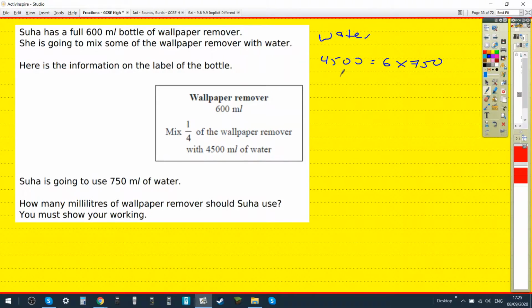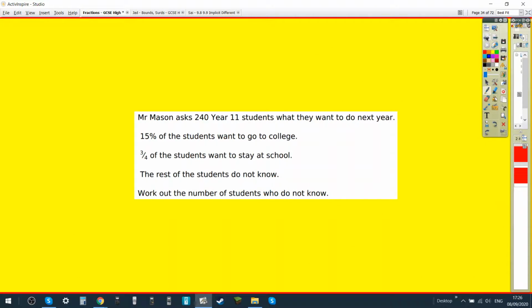Yep. Okay, so quarter of the wallpaper remover is 150, and 150 divided by 6 is 25. I mean 25 milliliters. I think so. I have the answer, but yeah, looks good. Okay, we did one like this. I think you'll be okay.